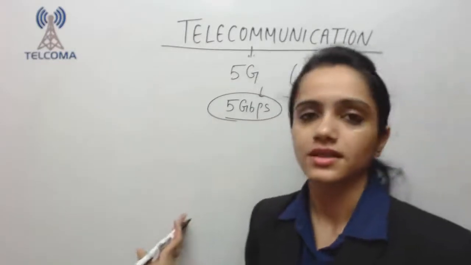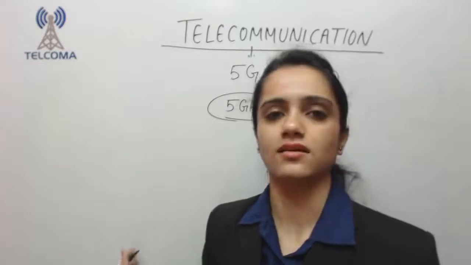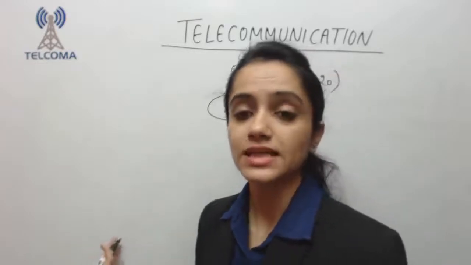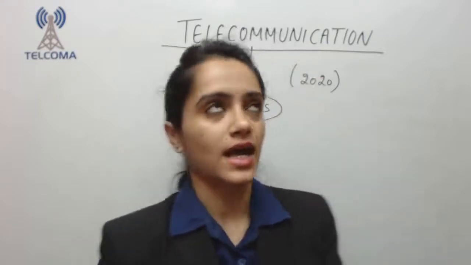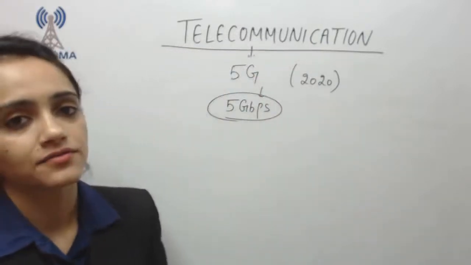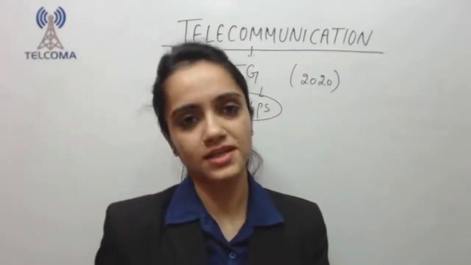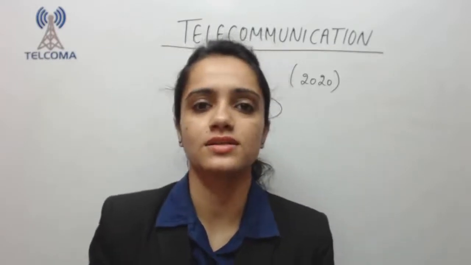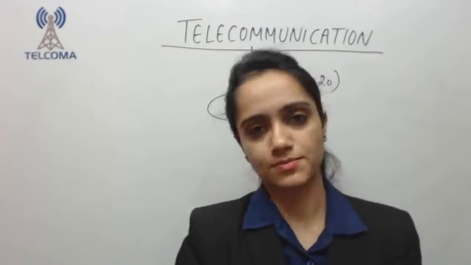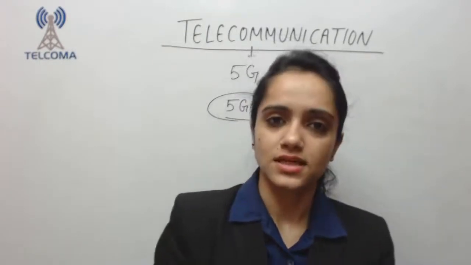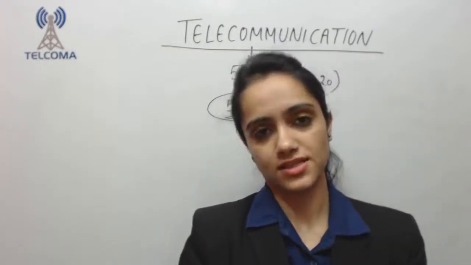Right now we have research and development for the 5th generation. Many companies are working so that we can achieve this data rate, and in 2020 we have commercial 5G networks. We have multiple concepts in the 5th generation to achieve this much data rate.